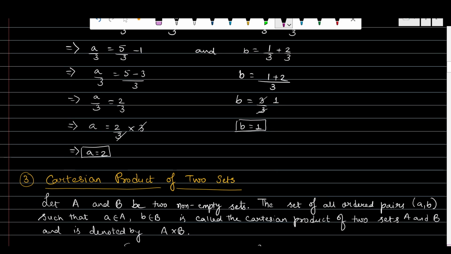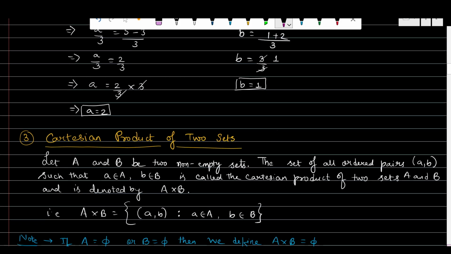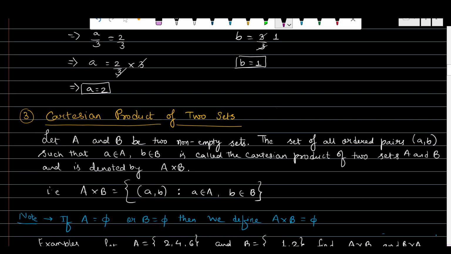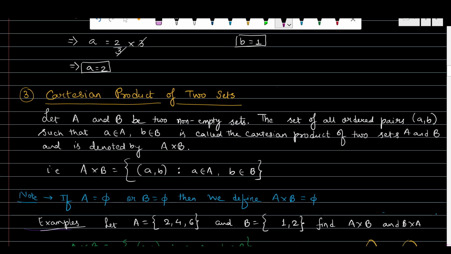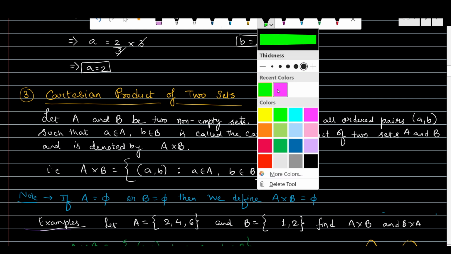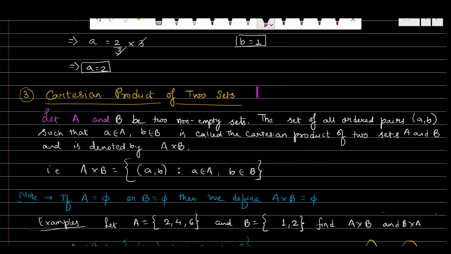Next topic is the Cartesian product of two sets. Now, what do we mean by the Cartesian product of two sets? Let A and B be two non-empty sets.